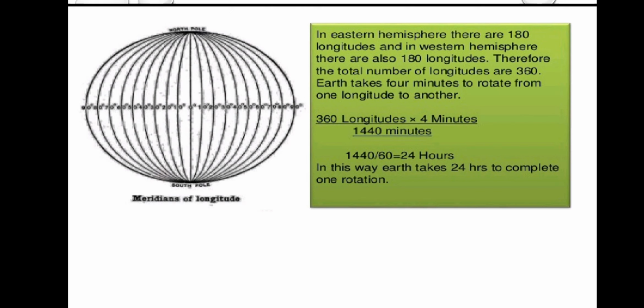So, if you multiply 360 into 4, total longitudes are 360 and per degree is equal to 4 minutes. So, 360 longitudes into 4 minutes is equal to 1440 minutes. And if you divide it by 60 minutes, 24 hours is the result. In this way, Earth takes 24 hours to complete one rotation. So do remember, 1 degree is equal to 4 minutes.